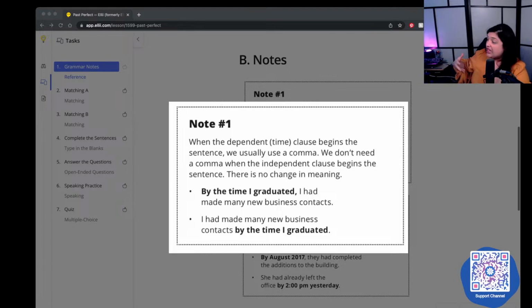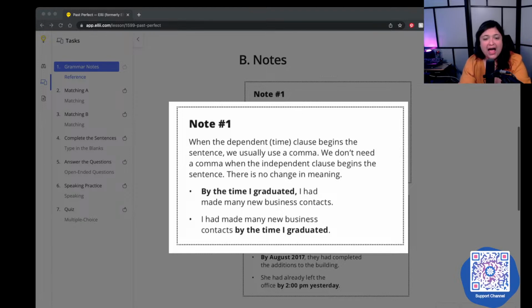Now, interchangeably, you could end the sentence with a dependent clause. Regardless of the form that you choose, there is no change in the meaning.